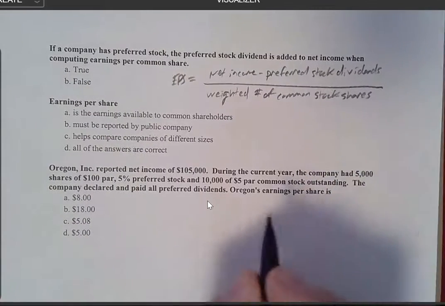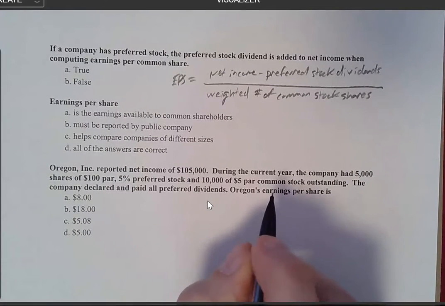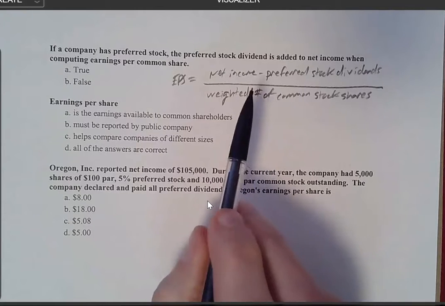And so remember how we get weighted average of anything.